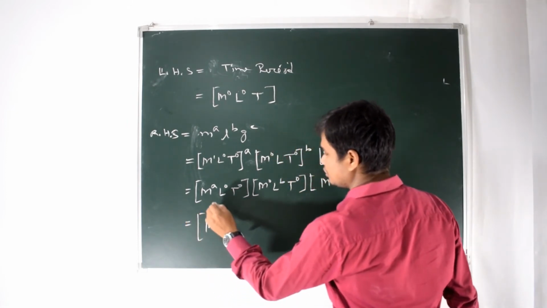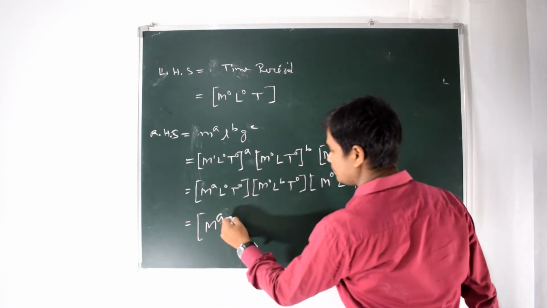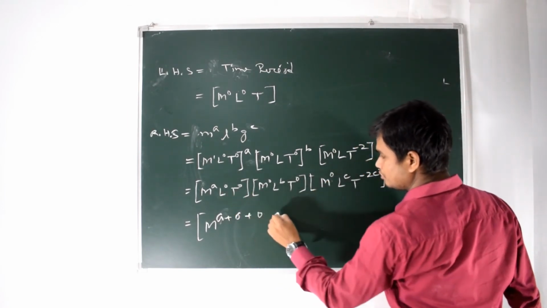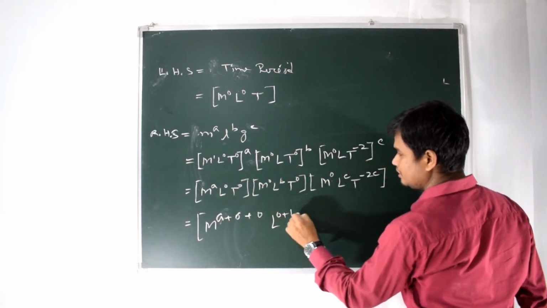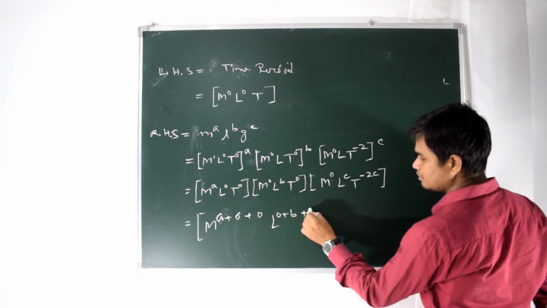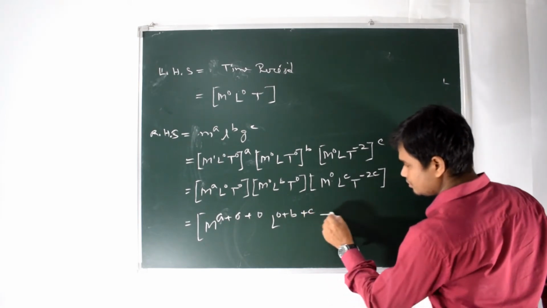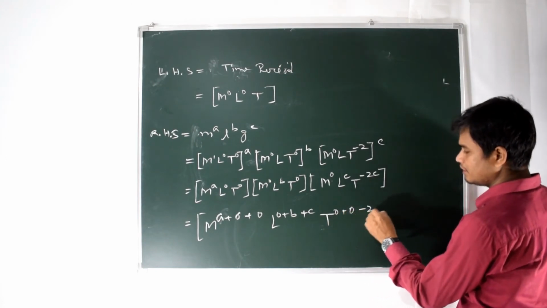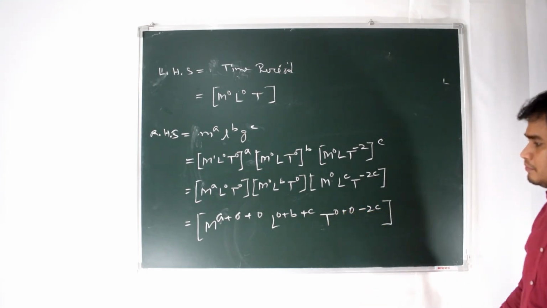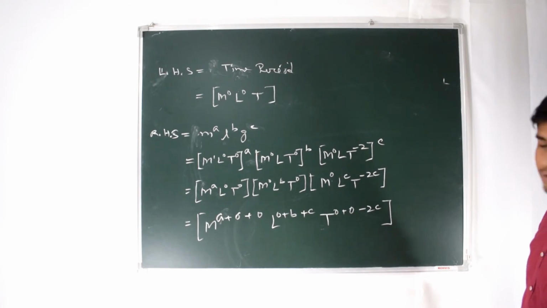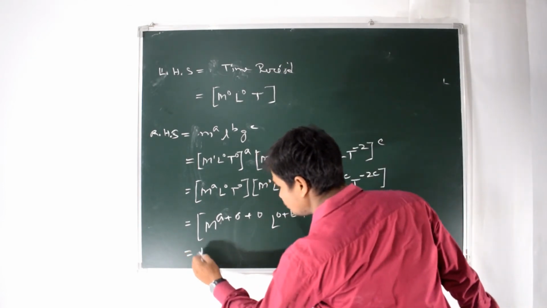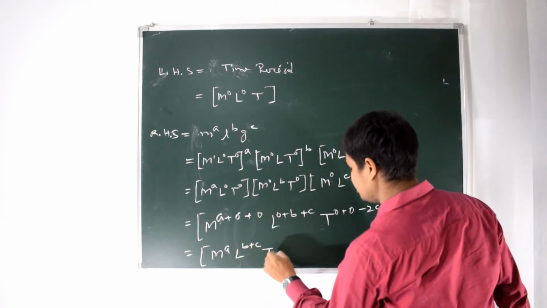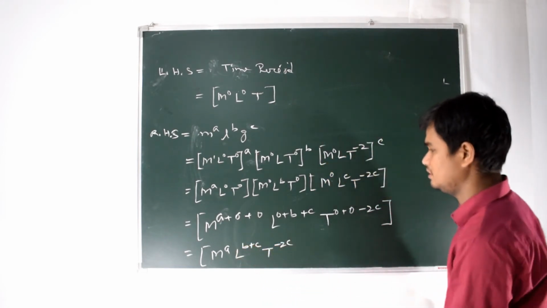M to the power a plus 0 plus 0, L to the power 0 plus b plus c, T to the power 0 plus 0 minus 2c. So M^a, L^(b+c), T^(-2c).